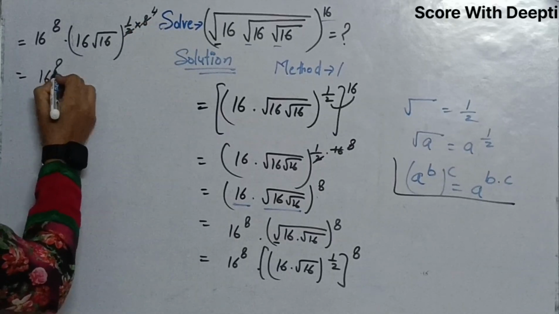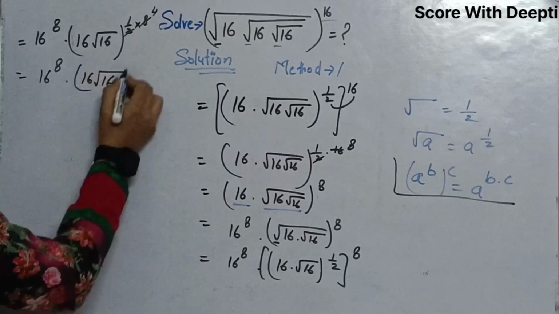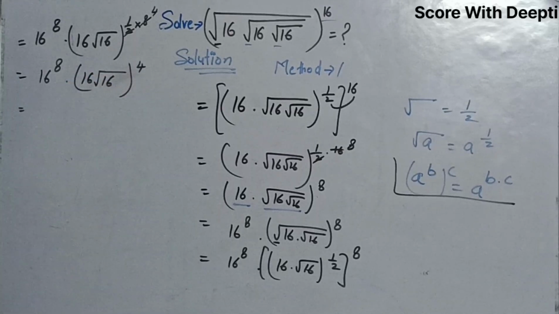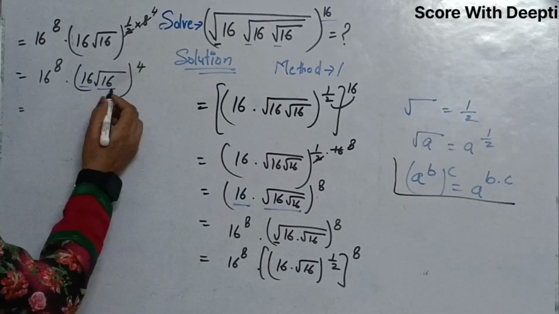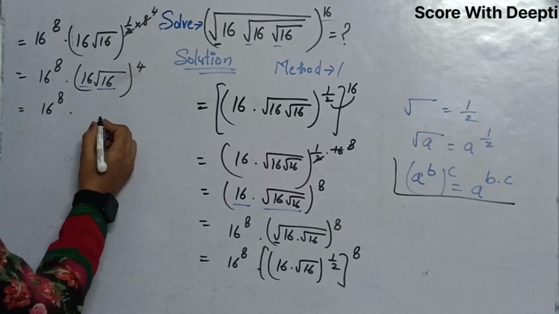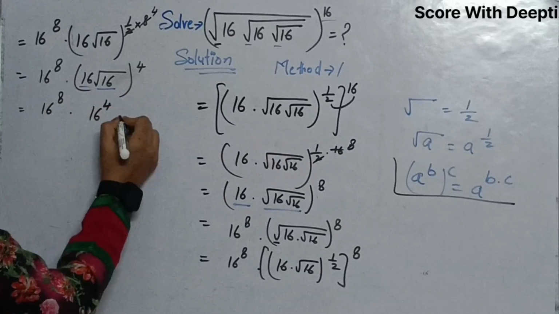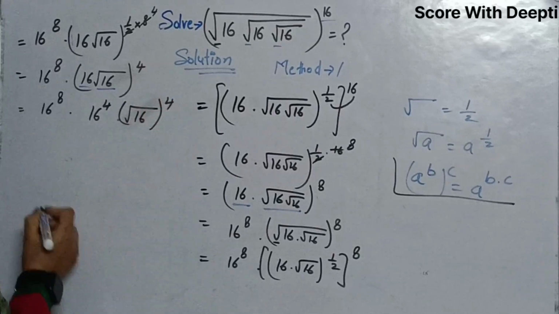Next, 16 to the power 8 into 16 into the square root 16 to the whole power 4. There are two terms here and we write these terms separately and get 16 to the power 8 as it is into 16 to the power 4 into the square root 16 to the power 4.